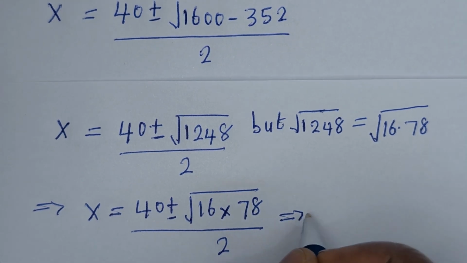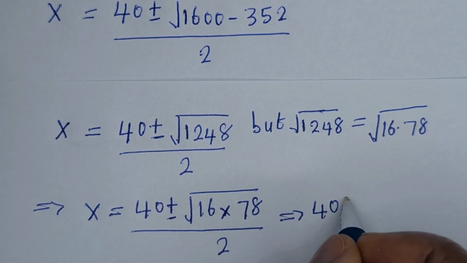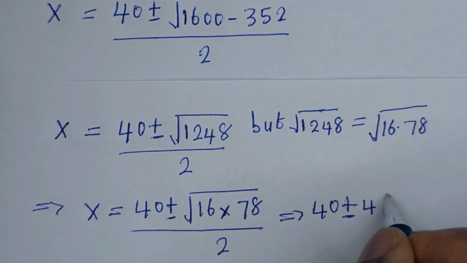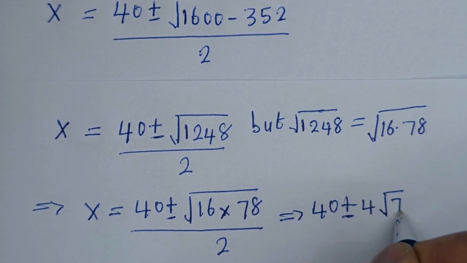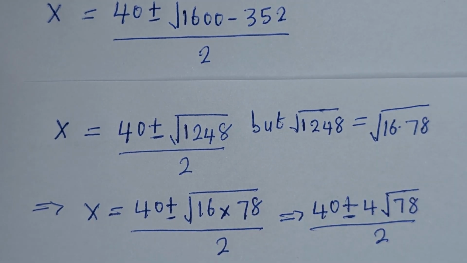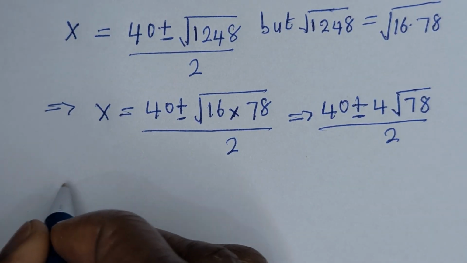And this is the same thing as 40 plus or minus square root of 16, that is 4, then multiplied by root 78, over 2.